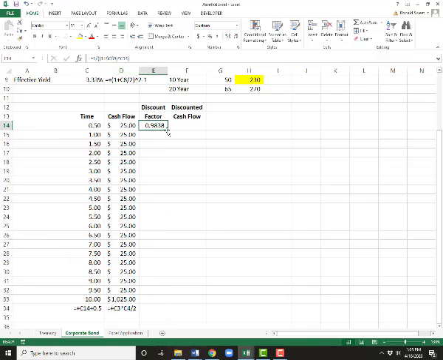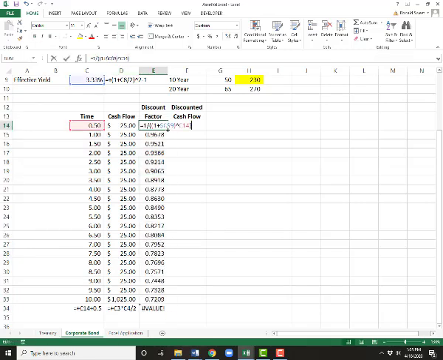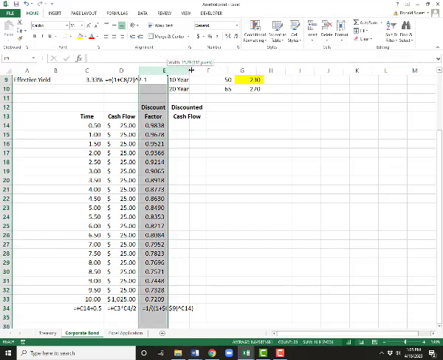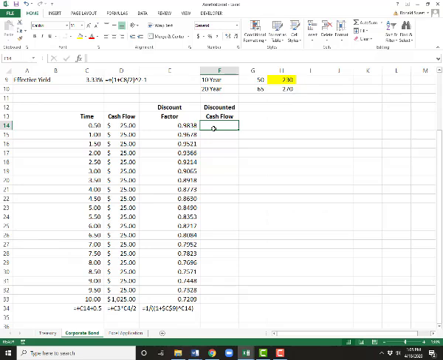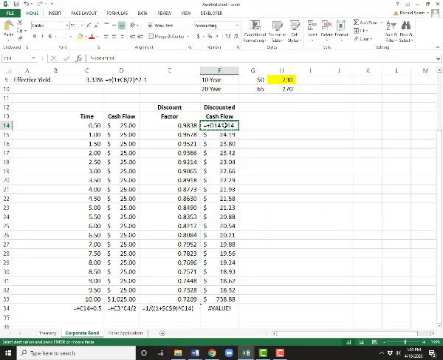Go out 4 decimal places, copy that down. That gives you your discount factor. And in your discounted cash flow, you just take the cash flow times the discount factor. Copy that down.